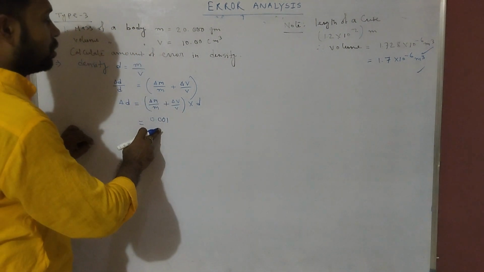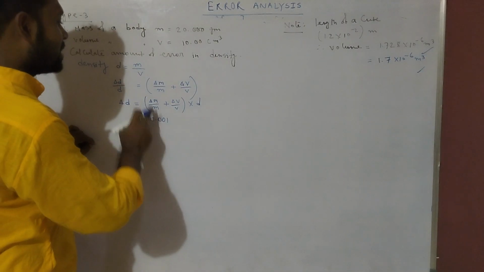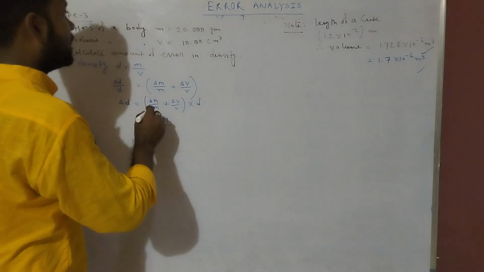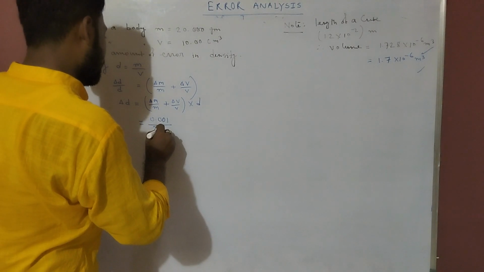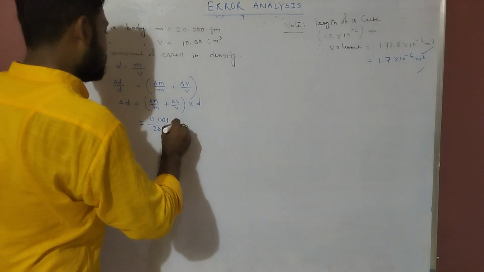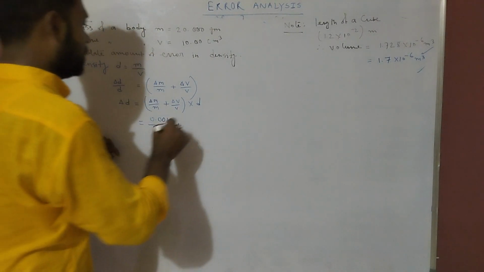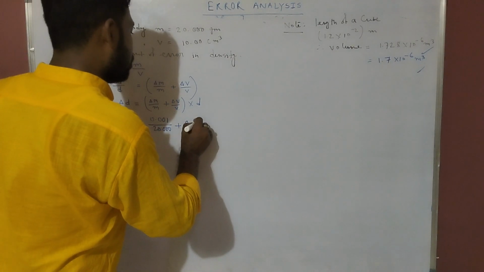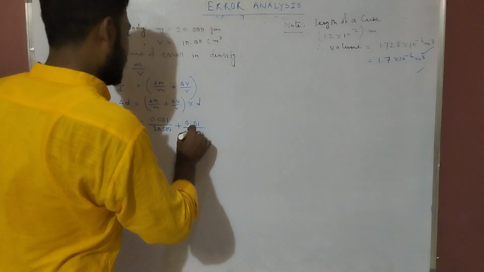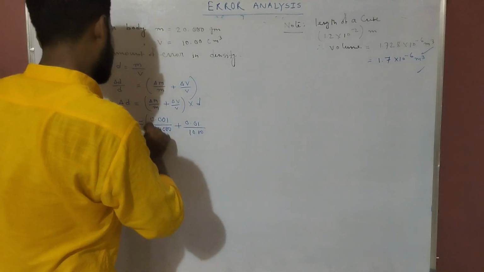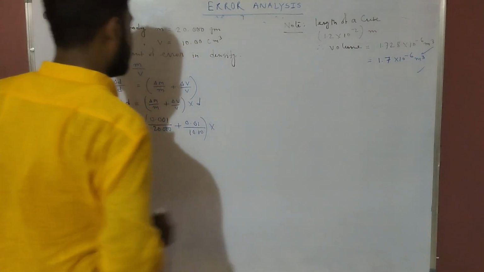This is del M, and M means 20.000. Similarly, del V will be 0.01 divided by V, which means 10.00.